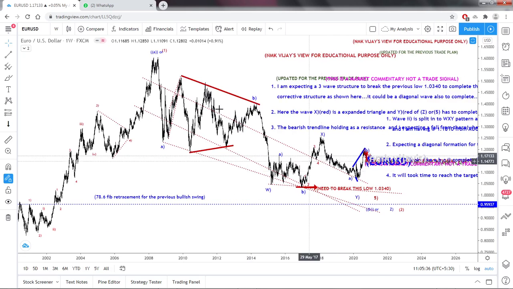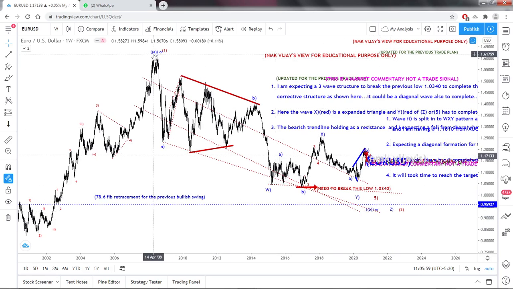So try to understand this. A, B, C is finished, which means it didn't need to break this low. It's already broken here. So now we are in the connecting wave, and Z has to follow here, Z or Y. I took it as the A, B, C, that means W, X, A, B and C to that Y wave.